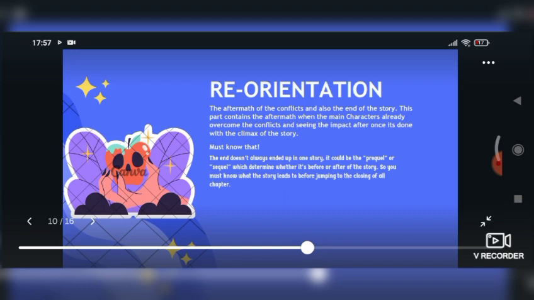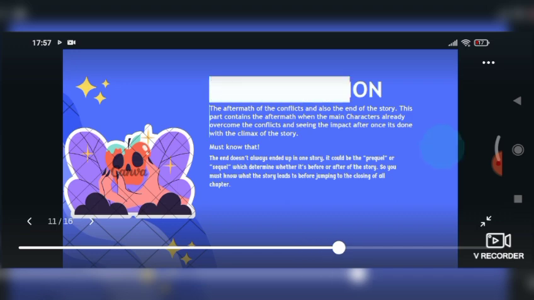It could be a prequel or sequel, which determines whether it's before or after the story. So you must know what the story leads to before jumping to the closing of all chapters. Students, that's how you make the structure of your story.